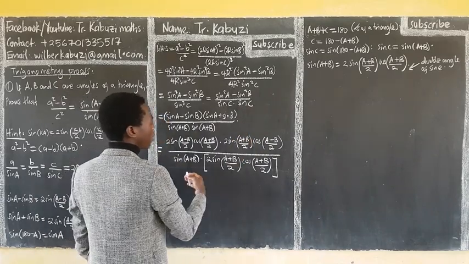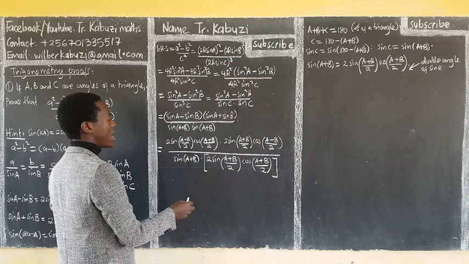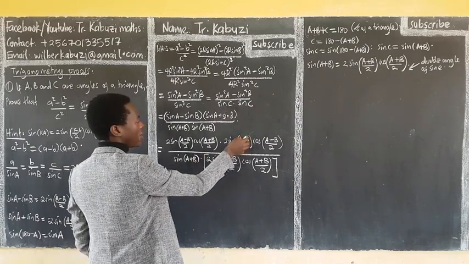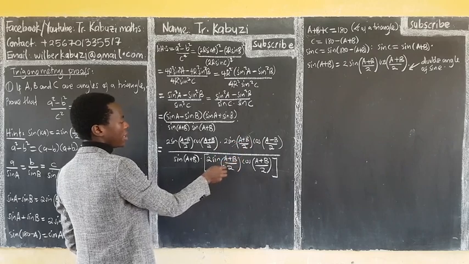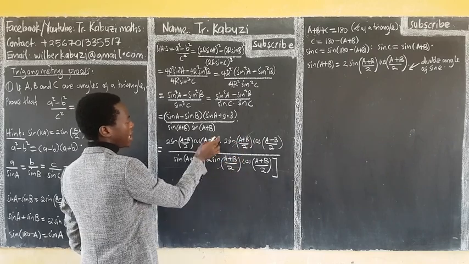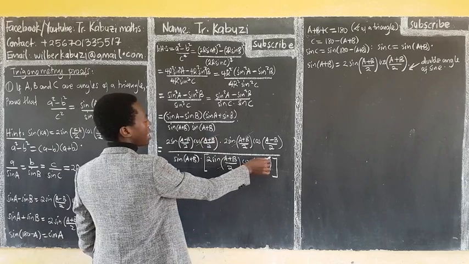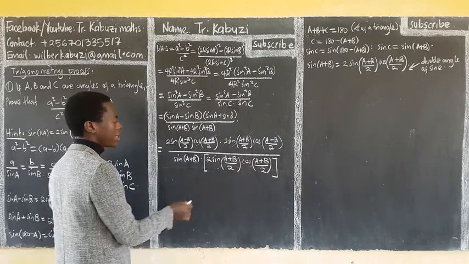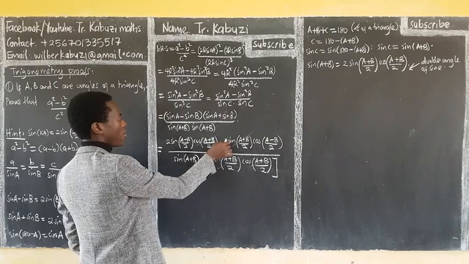Now here you see, because all this is a product, first of all, I can cancel something. The whole of this is cancelling with this. Then also this is here, so the whole of this is cancelling with that. So what am I going with? I'm seeing also that these two can go with these two.